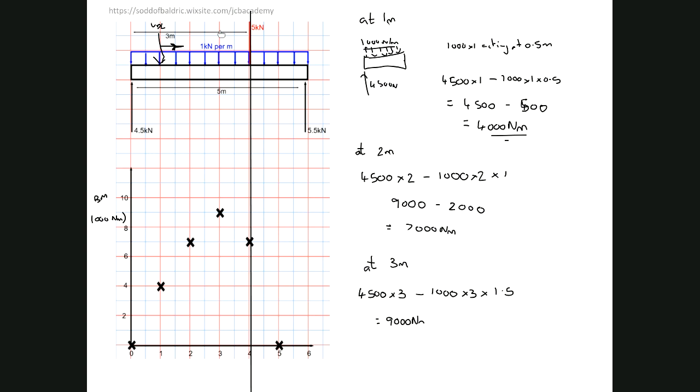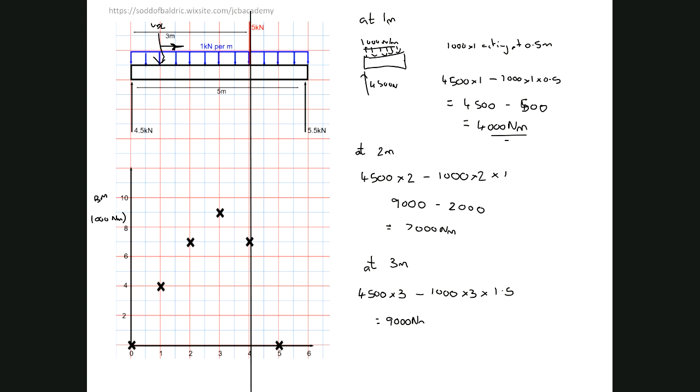And this is why we tend to do the bending moment graph on scale below the beam. As you can see, I got my scale slightly wrong because I couldn't fit the beam on, but you can see where we're going.